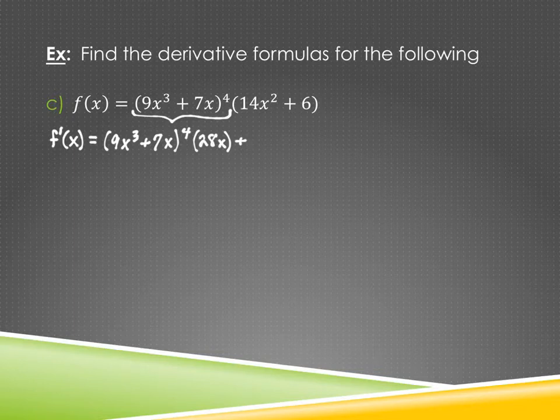Pull the 3 down, or 4 down, thank you. Okay, we're going to write 9x cubed plus 7x to the third. So that's the derivative of the outside part. What's next? Then we take the derivative of the inside. Hannah wasn't even here last time. Very good. Okay, so what's 9x cubed plus 7x?